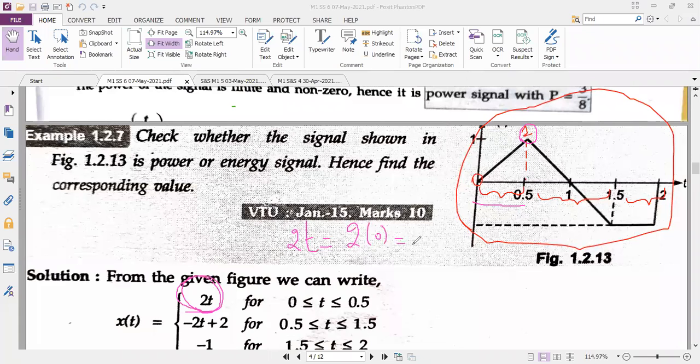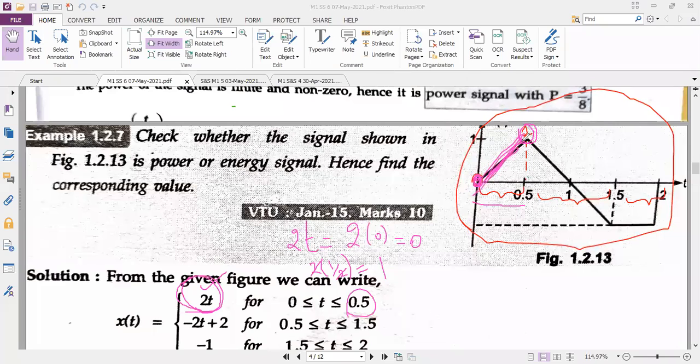Suppose I use t as 0.5: 2 into 0.5 is 1. In the diagram at 0.5 the amplitude is 1. So 2t as the equation exactly obeys the diagram.